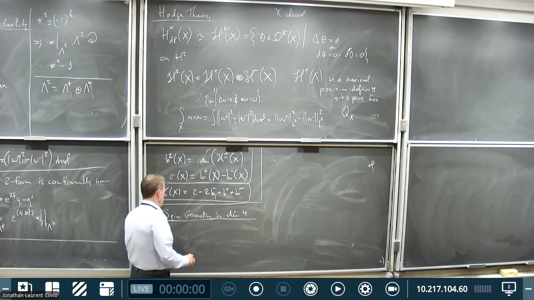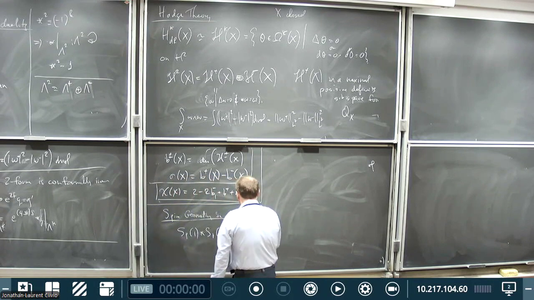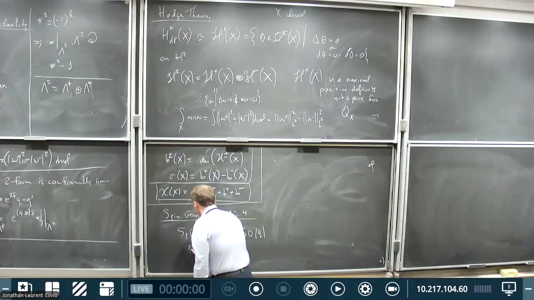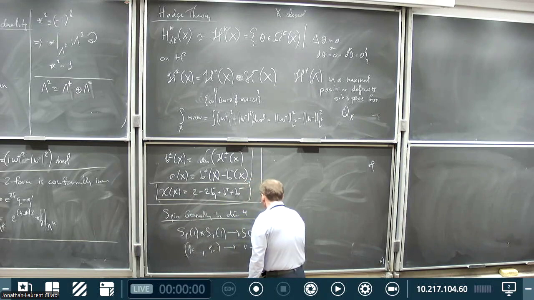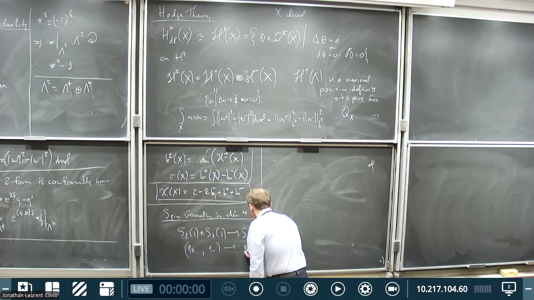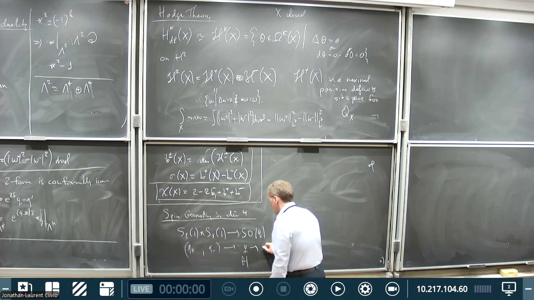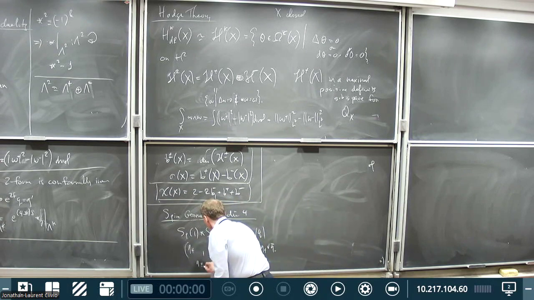He noted that there was this map from the unit quaternions Sp(1) times Sp(1) to SO(4), which sends (q plus, q minus) to the map that sends, thinking of R4 as the quaternions, x to q plus x q minus inverse, where q plus and q minus are unit quaternions.